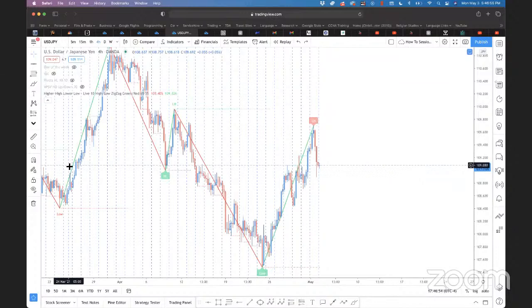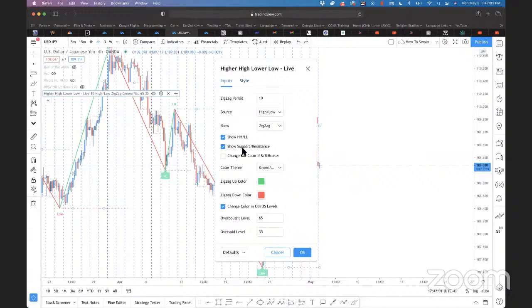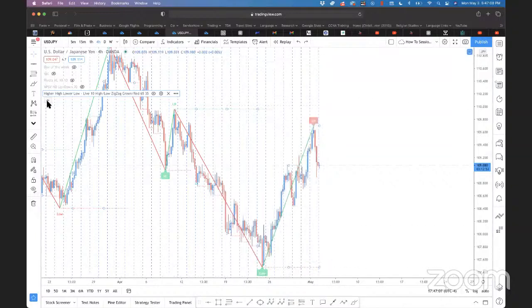That's going to be the indicator you use. When you go to the settings, make sure you have show support/resistance on, and you can leave everything else default. You're going to use this because it's going to help you find key areas.